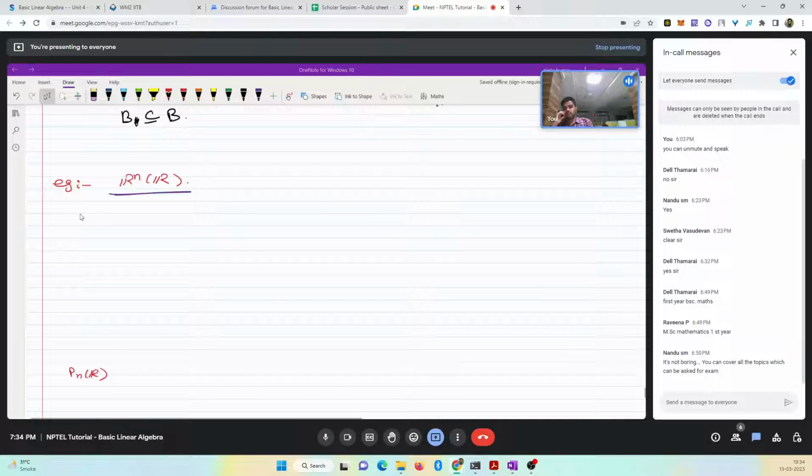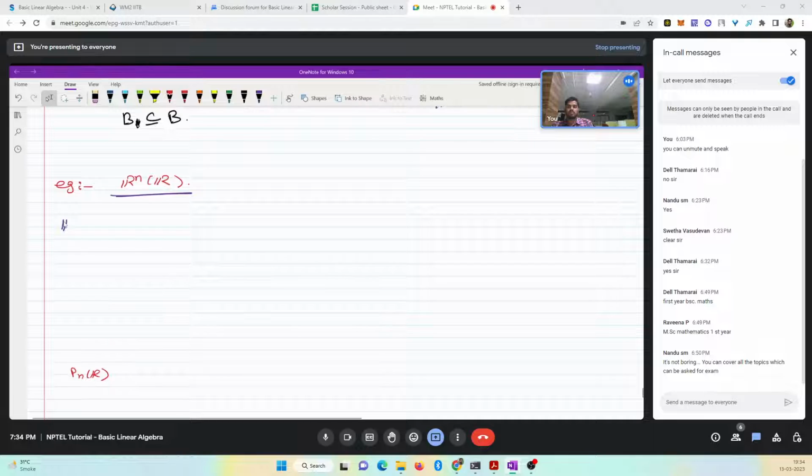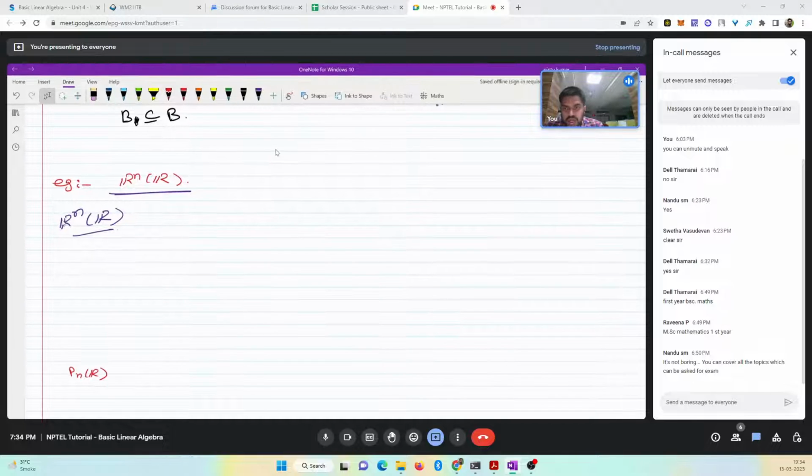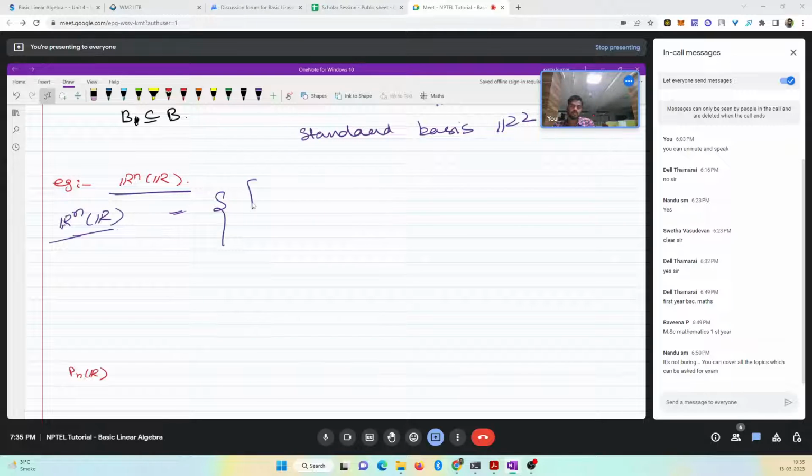Now, similar to as we derived for R2, let's see how we can obtain a basis for Rn over R. The way I wrote in the above example is called a standard basis for R2. So the standard basis for Rn is given by 1, 0, 0, 0, 0.